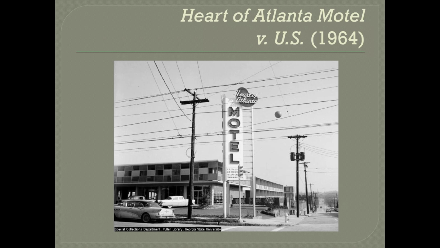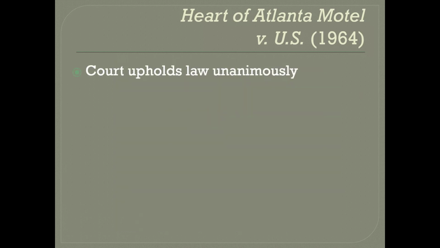And it therefore sued, claiming that the Civil Rights Act of 1964 was unconstitutional for the same reason that the Civil Rights Act of 1875 was unconstitutional, and that is that the federal government had no power under the state action doctrine to ban private racial discrimination. But in this case, the court upheld the law, and it upheld it unanimously.